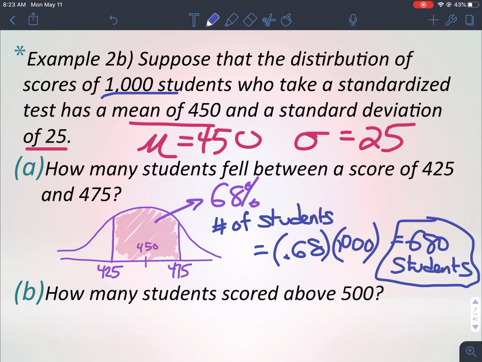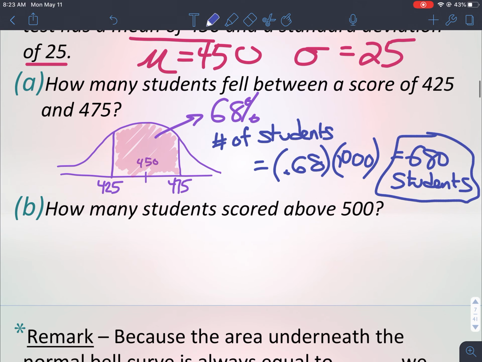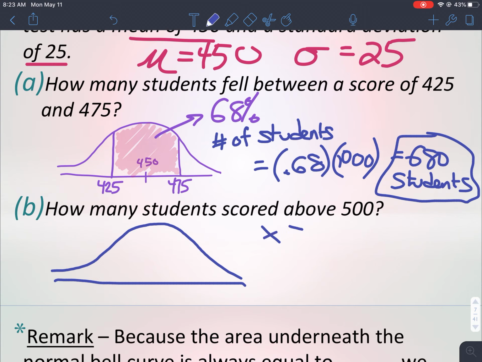How many students scored above 500? So now, when I draw my curve, it's important to note that we are only talking about scores greater than 500. So I'm going to find that 500 mark, which is going to be 2 standard deviations up.